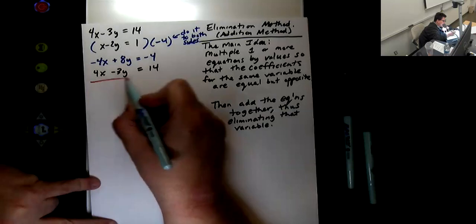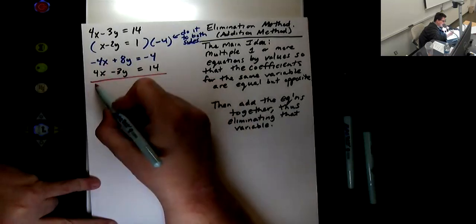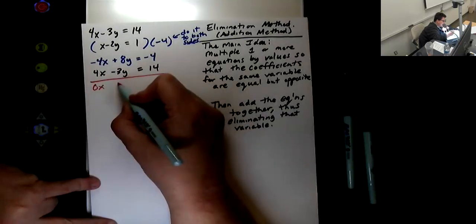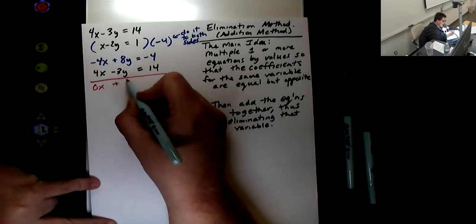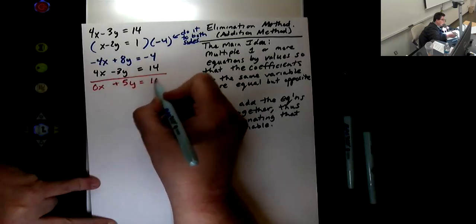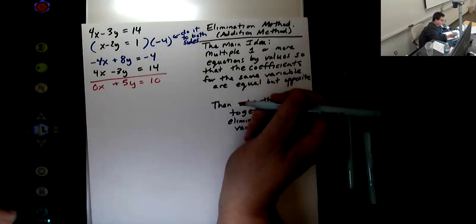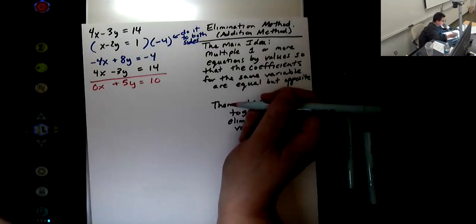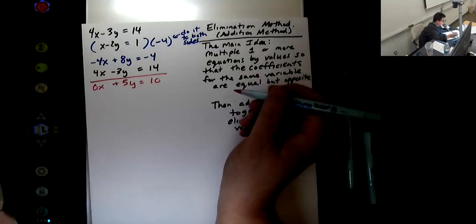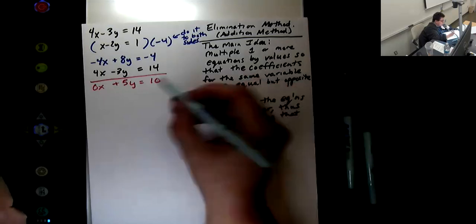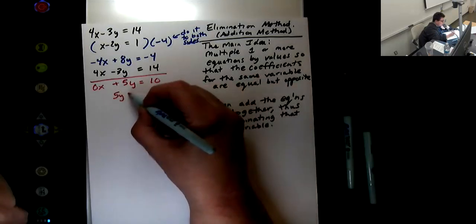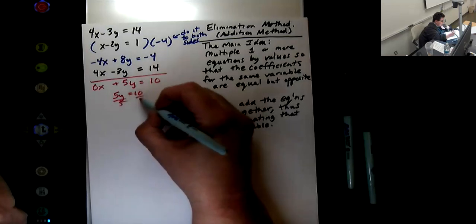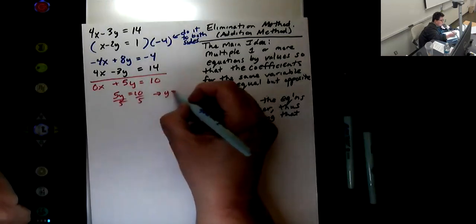And if we add these together, we get 0x, which goes away. And then we have 5y equals 10. So 5y equals 10. Y equals 2.